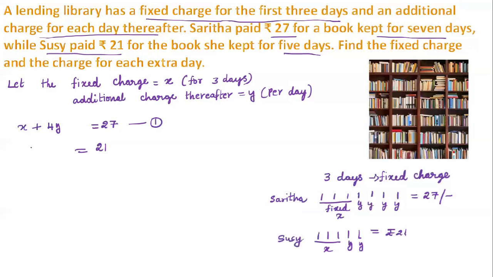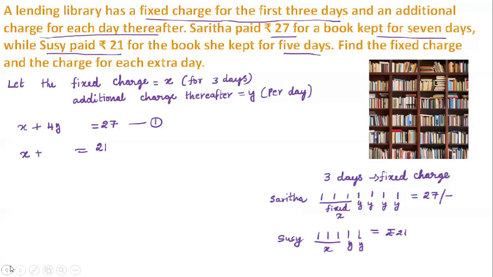Now write the equation. Fixed charge is x, then for 2 days the charge is 2y. So x plus 2y is equal to 21. These are the two equations.